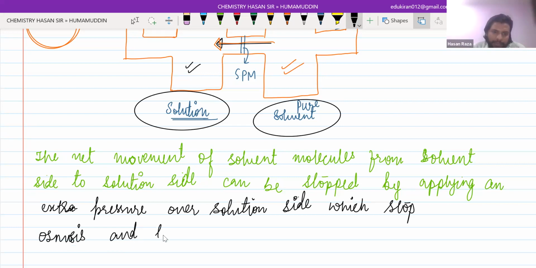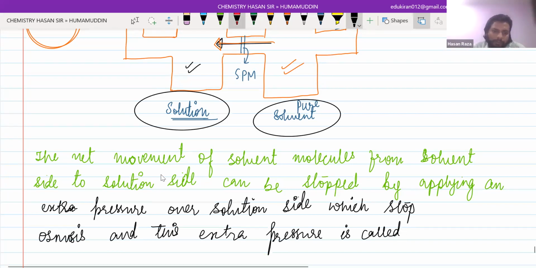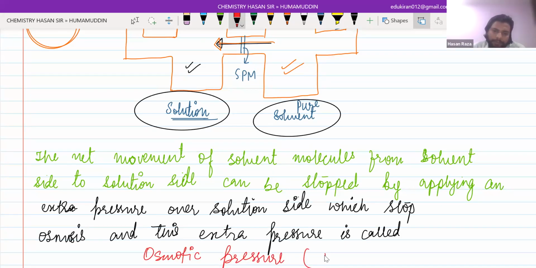And this extra pressure is called osmotic pressure, that is denoted by pi.